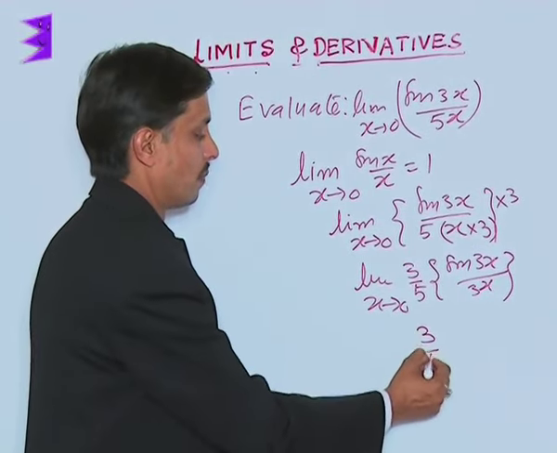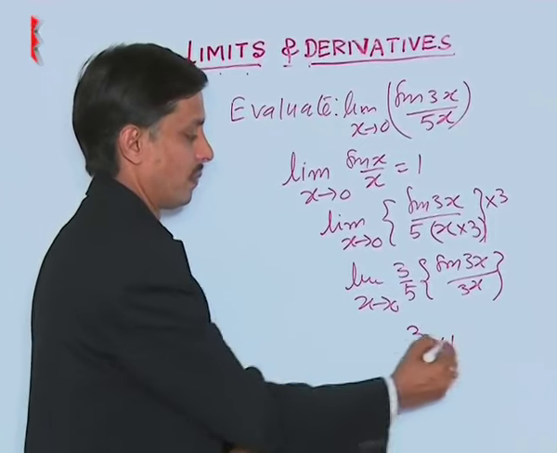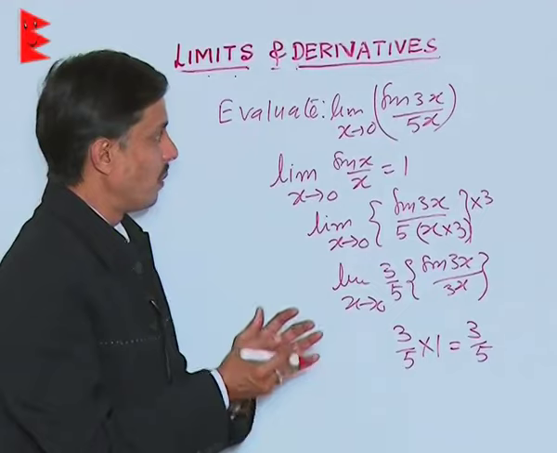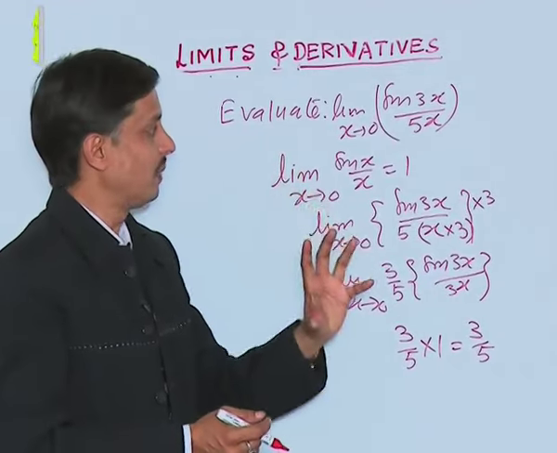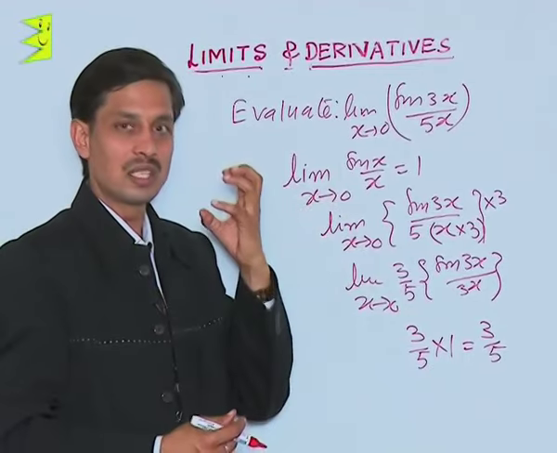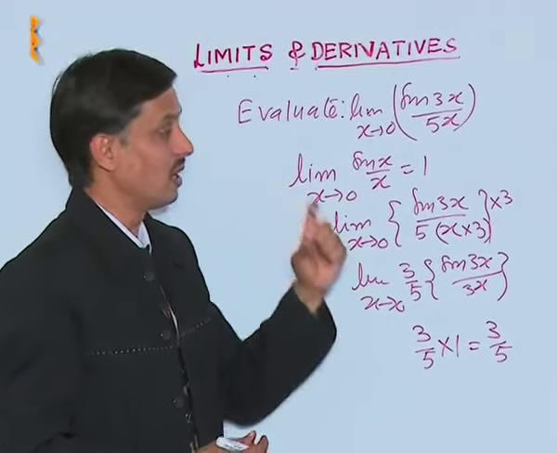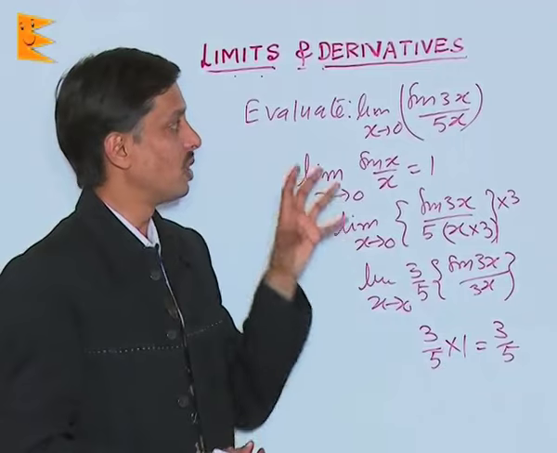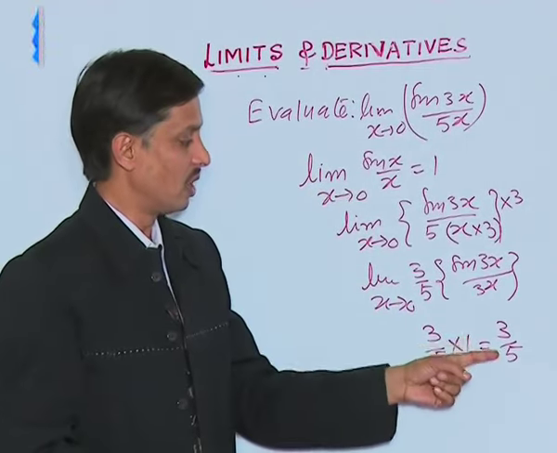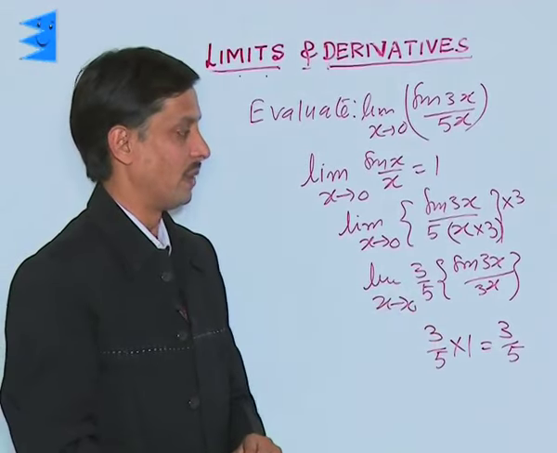So this becomes 3 by 5 into 1, and the result comes out to be 3 by 5. Like this we can apply the required result by making some transformations to solve problems related to trigonometric limits. This is the answer, 3 upon 5.